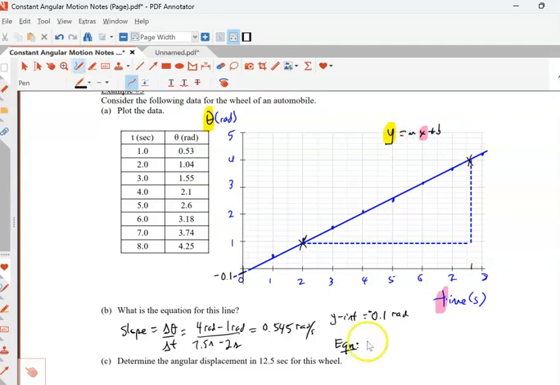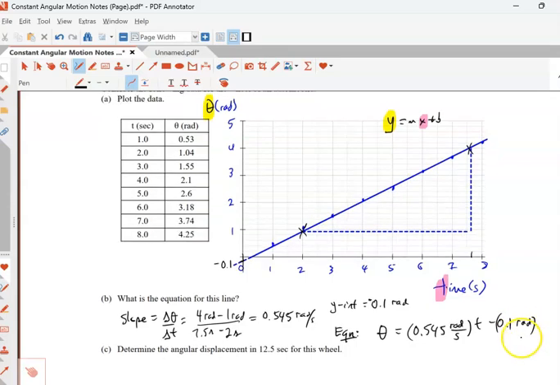So you're going to be writing theta, not y, equals m, our slope, 0.545 rads per second, multiplied by t, and then plus, or actually it's technically minus 0.1 rads. That's our y-intercept. So there's your equation.